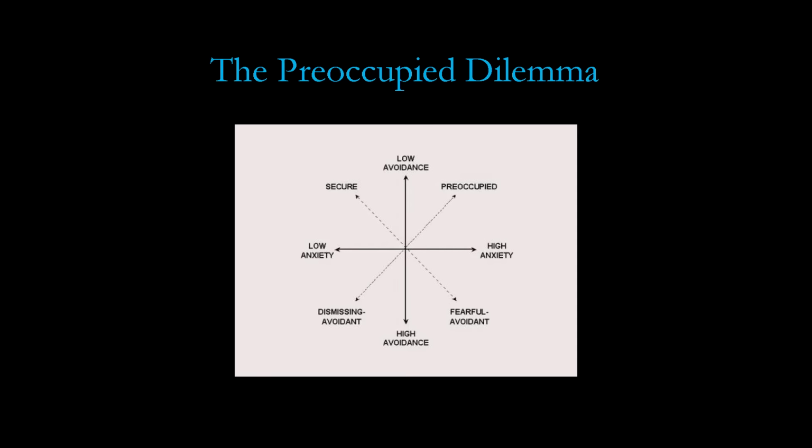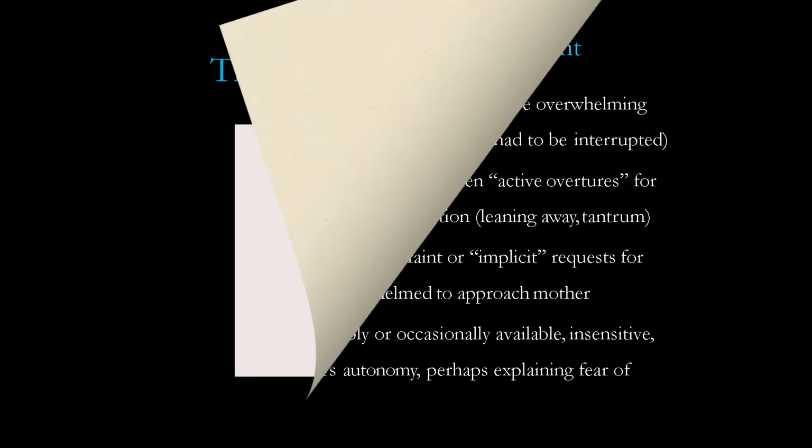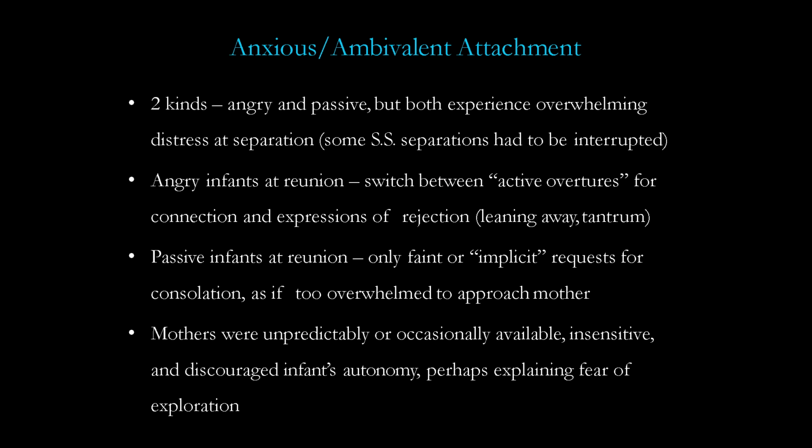And if we go back to the strange situation, which is always helpful, we noticed there were two kinds of anxious ambivalent infants. An angry kind and a passive kind.